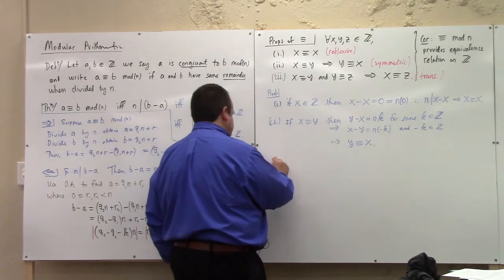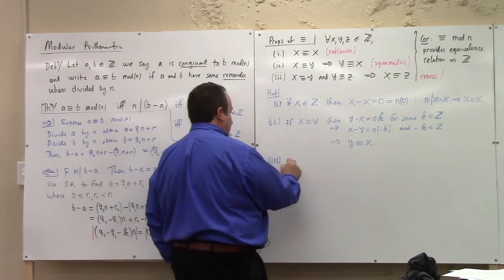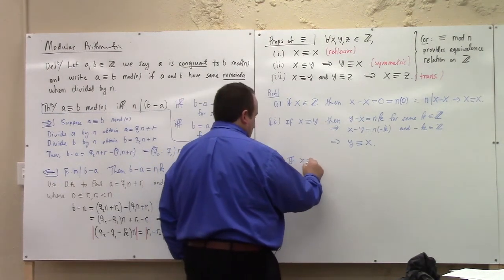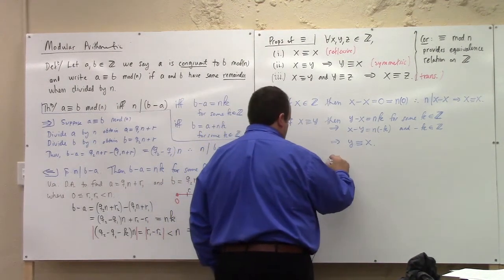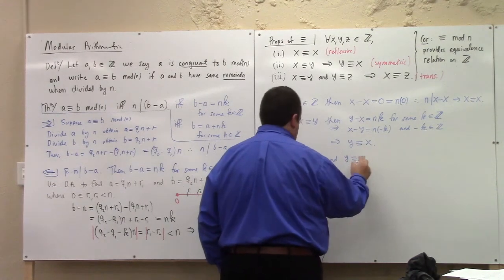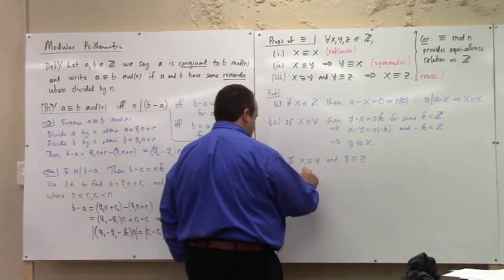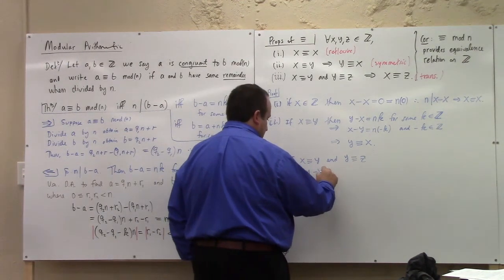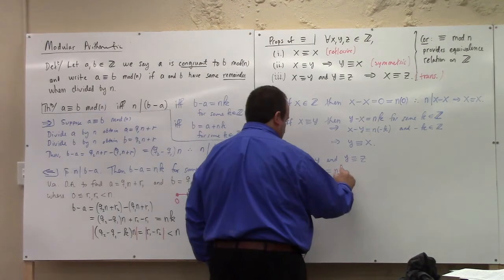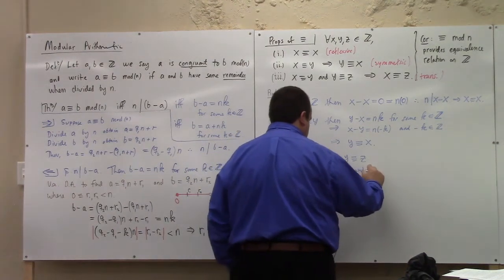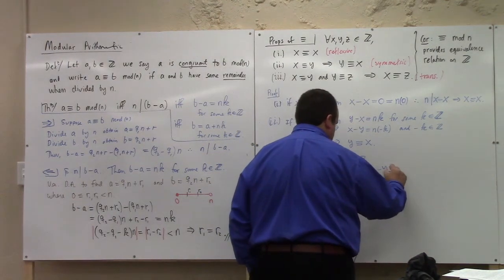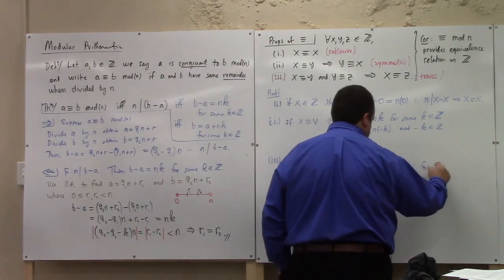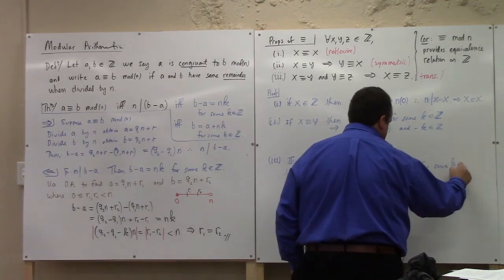Three. So if we have x congruent to y and y congruent to z, then that means that, let's say it this way. Okay, so y minus x is equal to n times k1, and z minus y is equal to n times k2, right? For some k1 and k2.